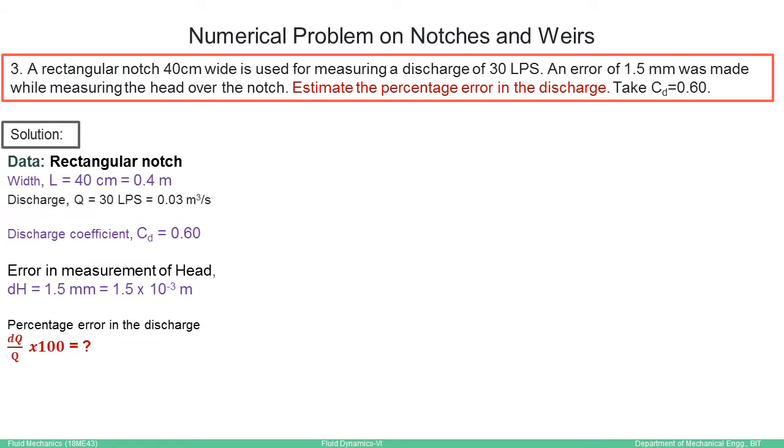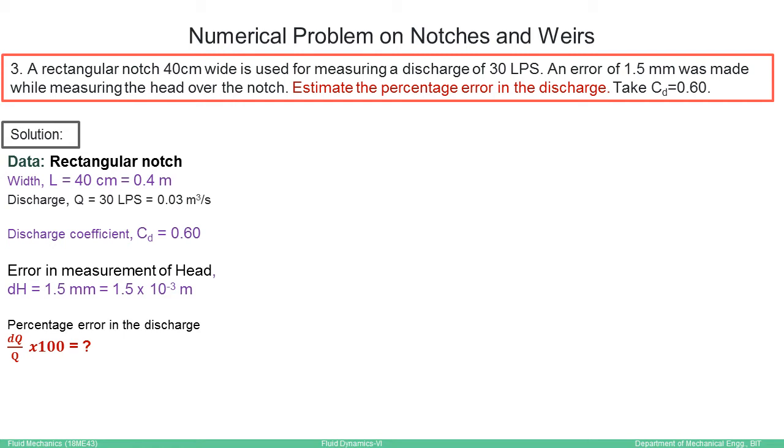There is this rectangular notch given with width L is equal to 0.4 meters, 40 centimeter. Discharge is equal to 30 liters per second. So in order to get meter cube per second you have to multiply it by 10 power minus 3. Discharge coefficient CD is 0.6. Remember, this error in measurement of head reflects in the discharge calculation.